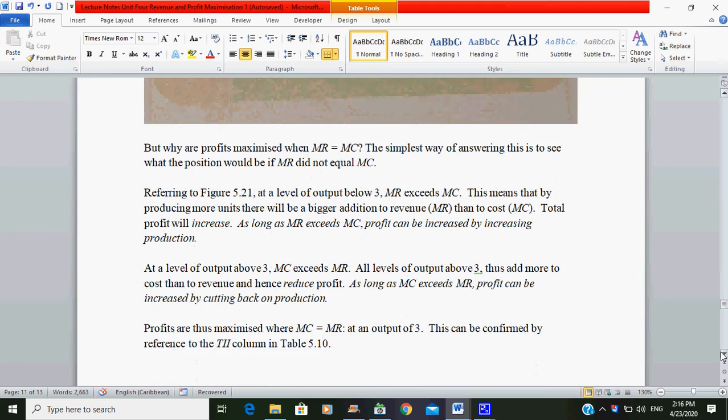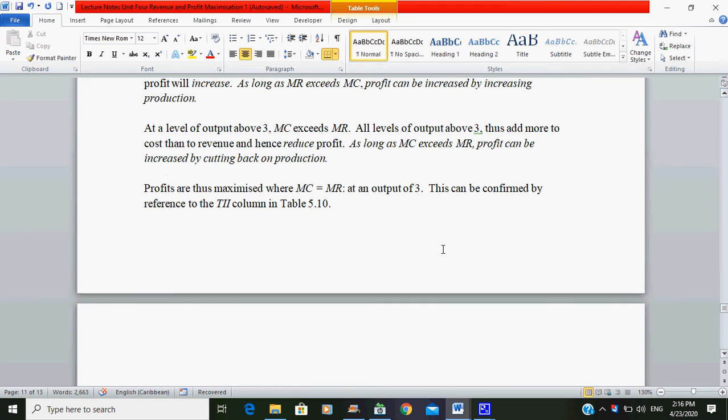Production. At a level of output above 3, MC exceeds what? MR. All levels of output above 3 thus add more to cost than to revenue and hence reduce profit.